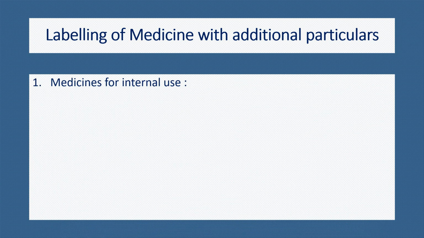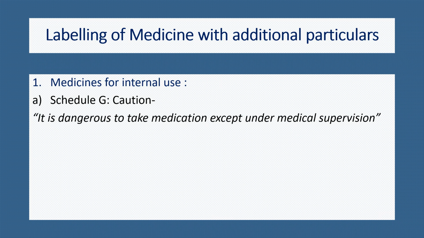Now talking about the labeling of medicine with additional particulars. So what are those additional particulars? Let us see. The first one is medicine for internal use. If the medicine is under Schedule G, there should be a caution: it is dangerous to take this medication except under medical supervision.